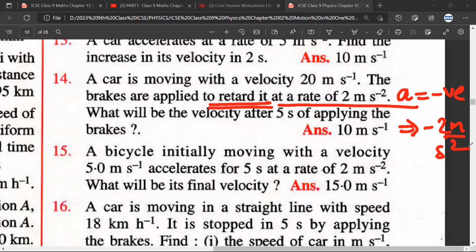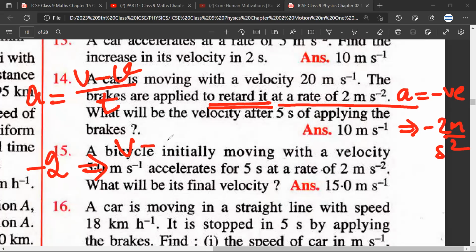What will be the velocity after 5 seconds after applying the brakes? So the formula that we have, the acceleration is retarding, so minus 2. We want the velocity after 5 seconds. So v minus u upon t, 5.